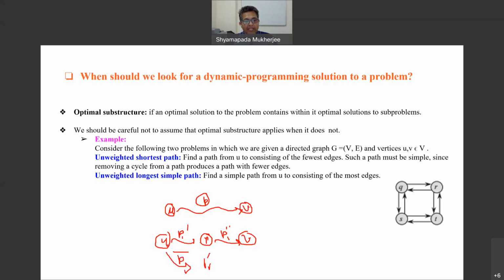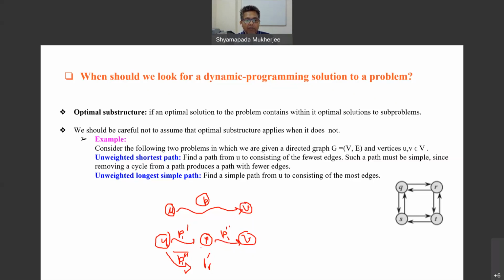When P1 dash is not optimal, what will we do? Suppose P1 triple dash is the optimal one. Then we will replace this P1 dash by P1 triple dash. This is called the cut and paste concept. We will cut out P1 dash and paste in P1 triple dash.